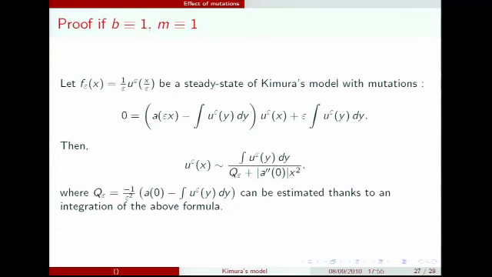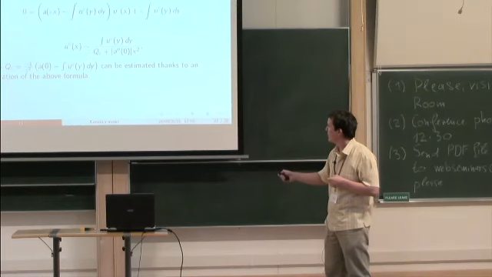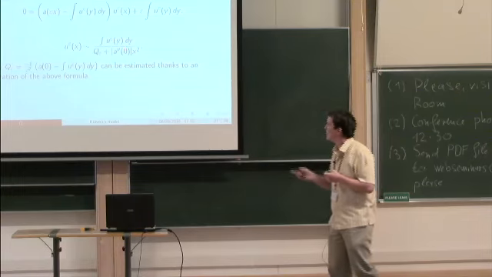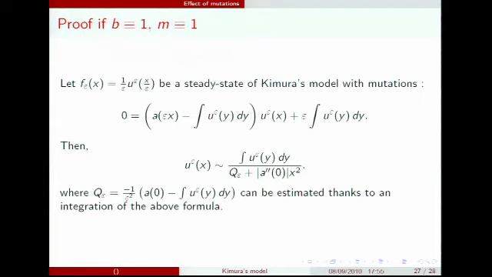All right, and we guess that minus the fitness is a constant plus something times x squared, right? And we are able to determine this something, q epsilon, through an integration. We integrate this one, and it makes 1 equals the integral of 1 over q epsilon plus something times x squared. Okay, and this way we are able to show the asymptotic that I showed before.